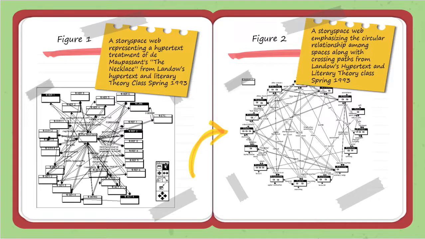In figure number 2, it showed a story space web emphasizing the circular relationship among spaces along with crossing paths, by Landow's Hypertext and Literary Theory class, spring 1993. So, the Intermedia web view was limited to a nearest neighbor map with no indication of directionality or hierarchy relationships between documents.